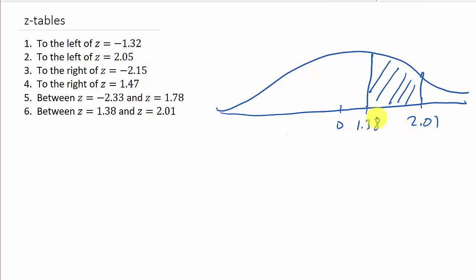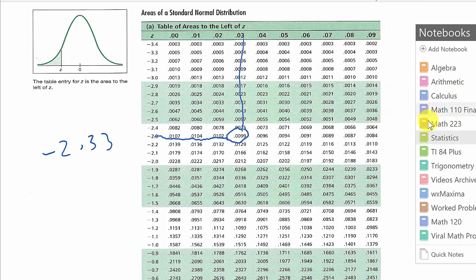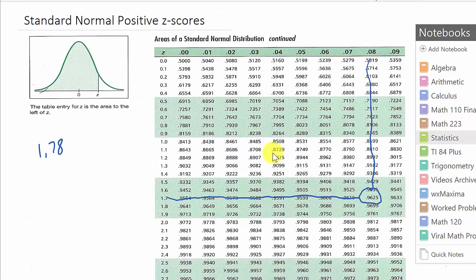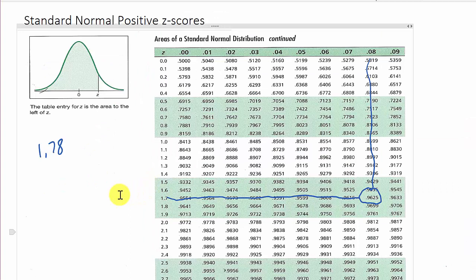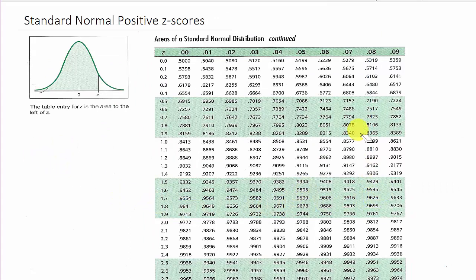All right, so let's just do the same thing. We need to go look up 2.01. We need the positive because both z values are positive. So we need to look up 1.38 and 2.01.